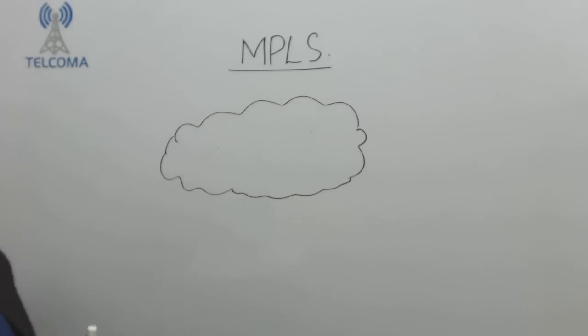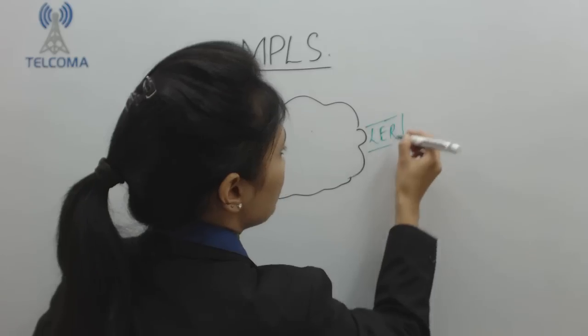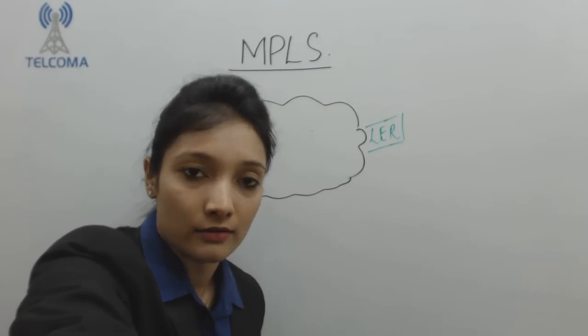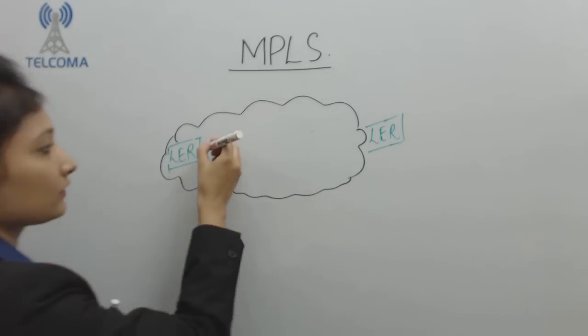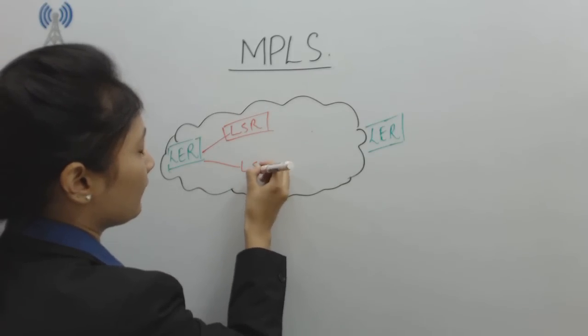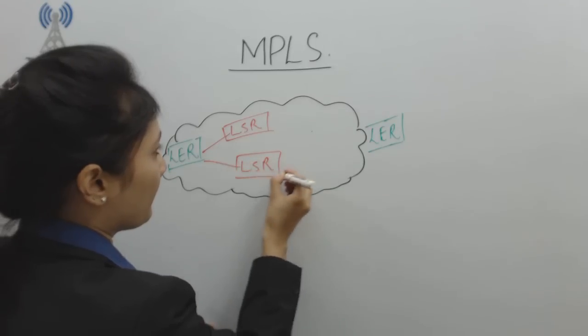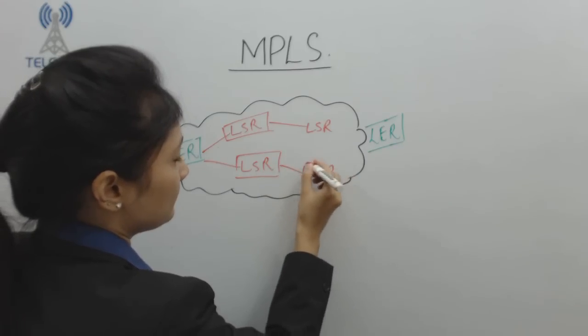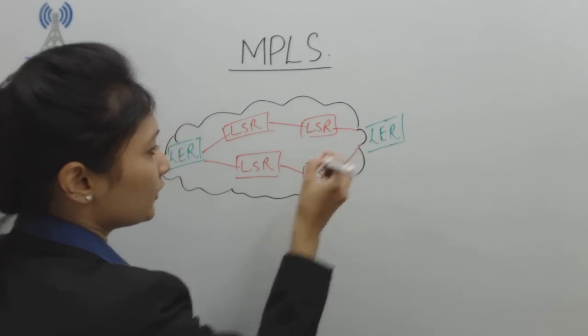At the beginning, to mark the entry of your MPLS domain, you will have these routers, and at the entry and the exit, these are called LERs, and in between these are your LSRs.